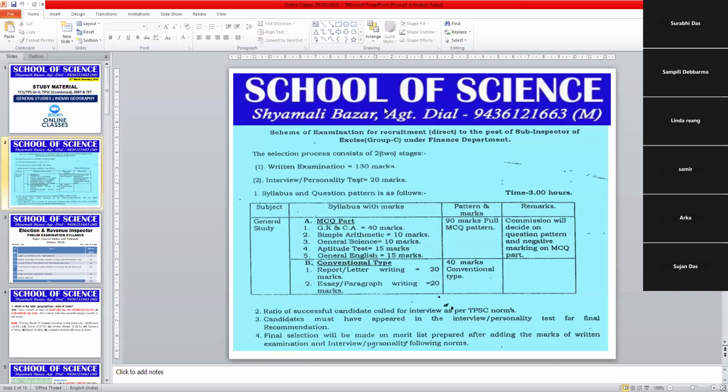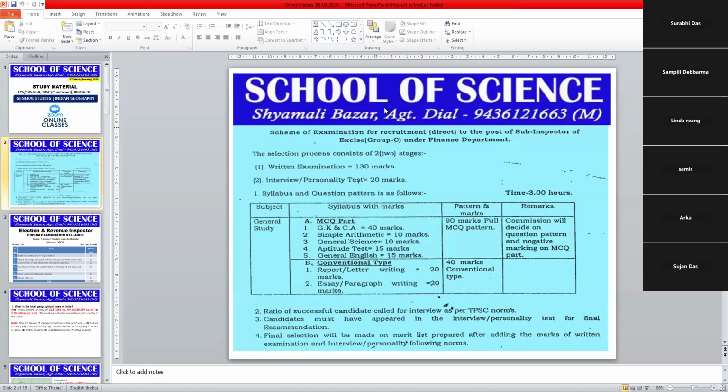And conventional type, there will be 40 marks from English, report writing, letter writing 20 marks, essay or paragraph writing 20 marks. So 130 marks for written and only 20 marks for your personality test. So this is the syllabus for Sub-Inspector of Excise.